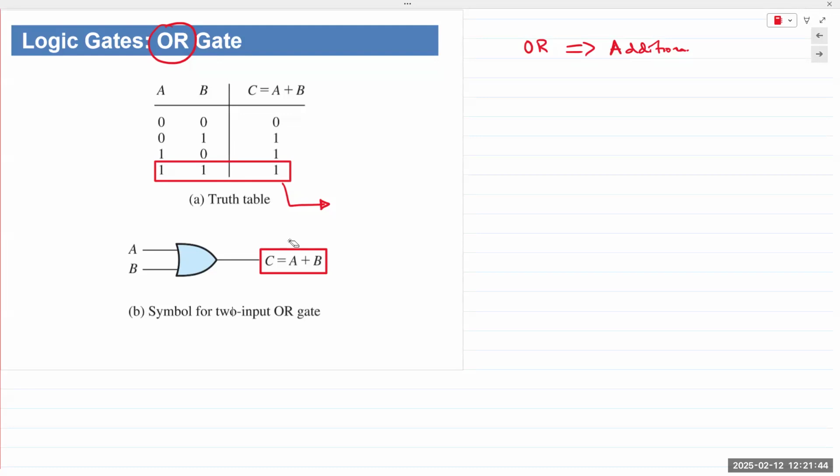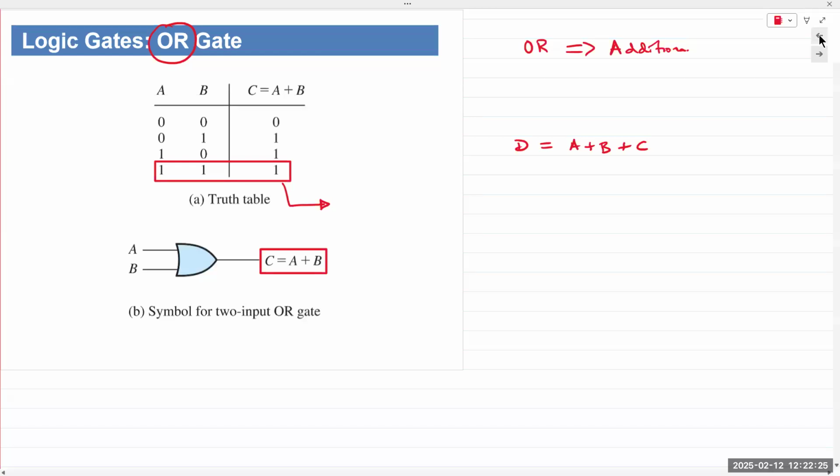If you have a multi-input OR gate, the output would simply be D is equal to A plus B plus C. The output would be high, or logic 1, if even a single input is high. The rest of them could be 0, like 0 plus 1 plus 0, 0, 0, 0. The output would still be 1. So the multi-input gate function still remains the same: A plus B plus C plus D, and so on.